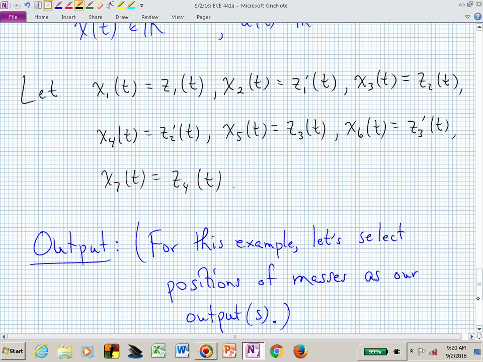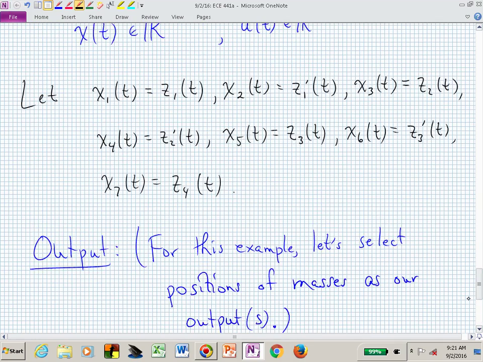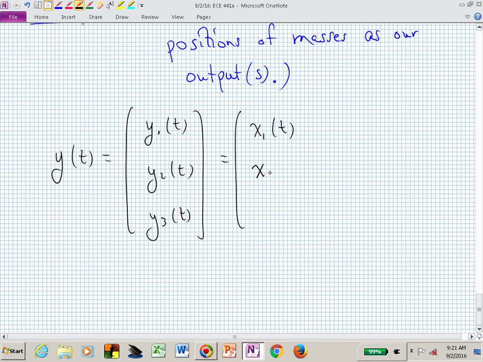Since x1 is mass 1, let's just say that y1 is x1. y2, let's say, is the position of mass 2, and what is the position of mass 2 in terms of our states? We've defined that to be x sub 3, so this is x sub 3 of t.